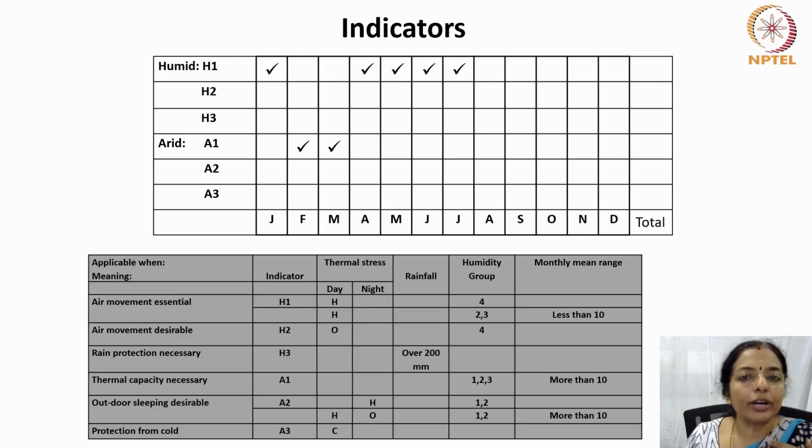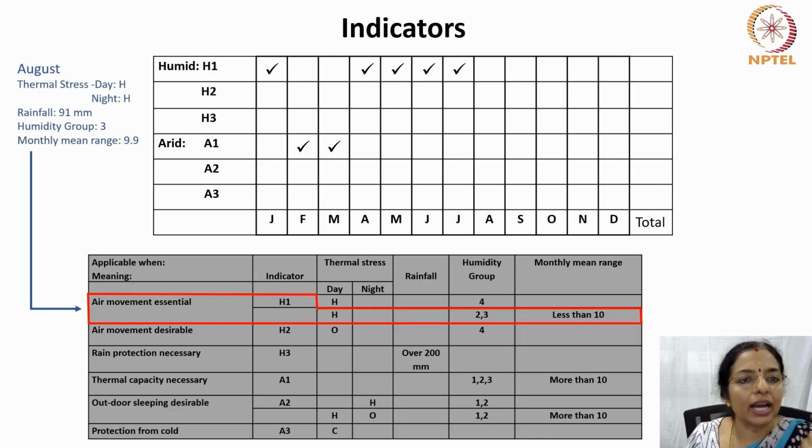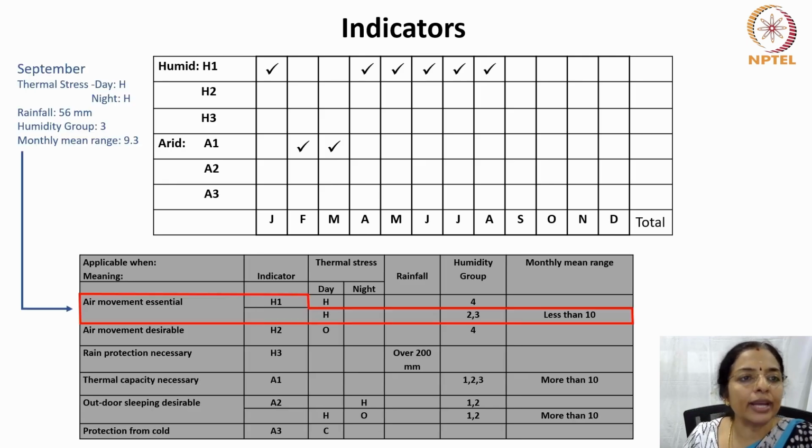What happens in August? Again in August, air movement is essential because monthly mean range is less than 10. Then we look at September, where again monthly mean range is less than 10, humidity group is 3, thermal stress is H, and rainfall is less than 56 millimeter. So we get H1.